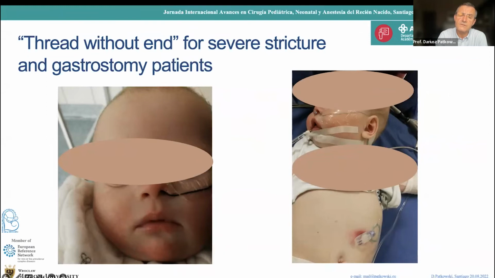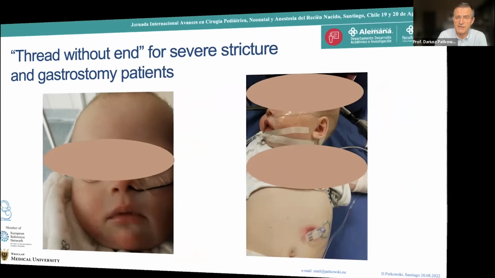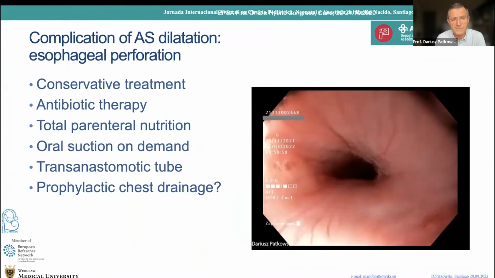The thread goes, usually through the nose, through the stenotic anastomosis, and out through the gastrostomy, and it's connected on the back of the patient. We use it in the next procedure as a guide wire, so we are not afraid that the stenosis would be so severe that we couldn't find the way down. But it's exceptional. It is just to show you how it is.